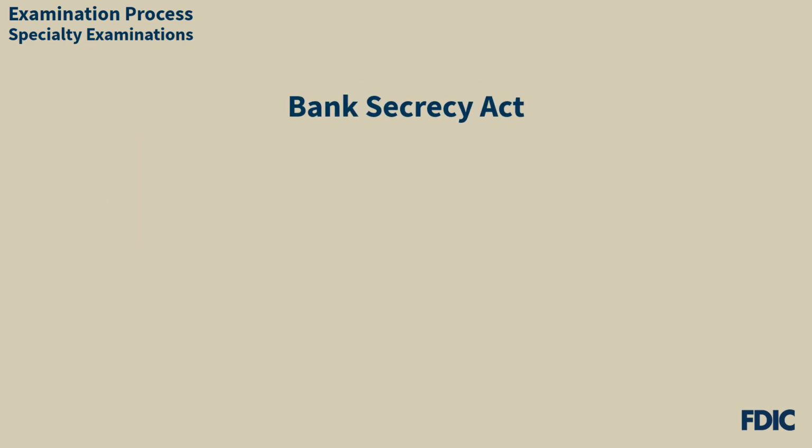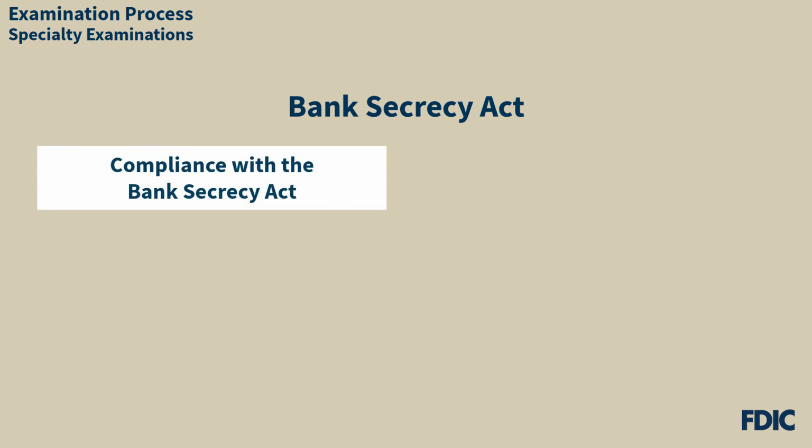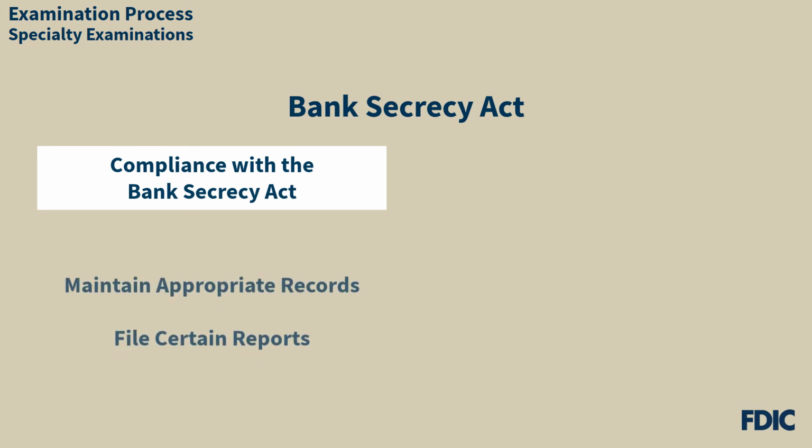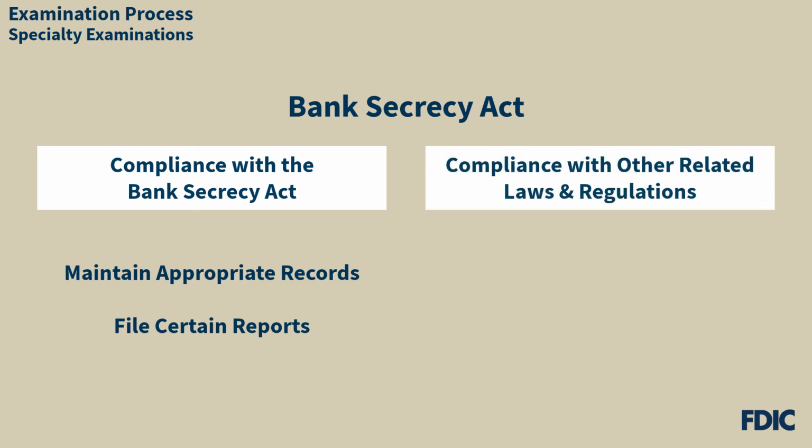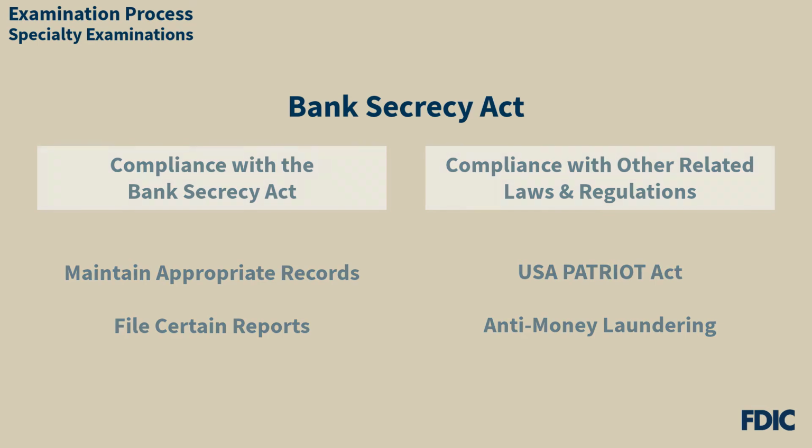The purpose of a Bank Secrecy Act, or BSA exam, is to evaluate the bank's compliance with the Bank Secrecy Act, which requires banks to maintain customer records and file reports for certain transactions. It also involves reviewing compliance with applicable sections of other related laws, including the USA Patriot Act and several anti-money laundering laws.